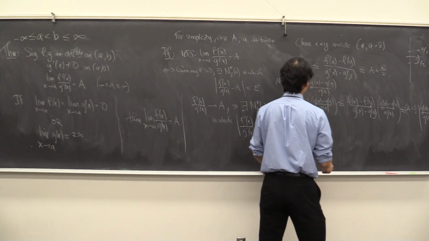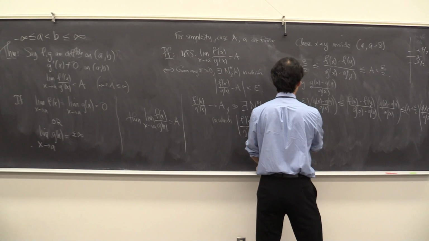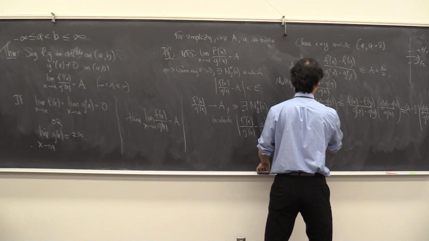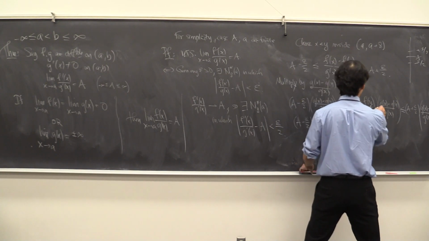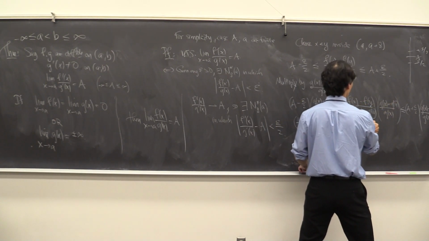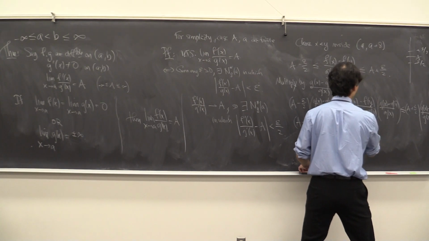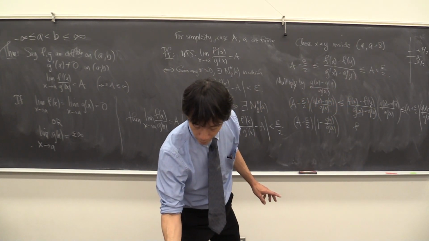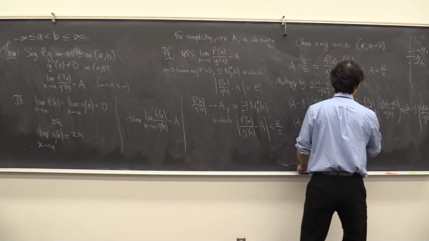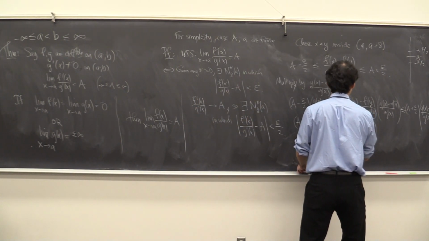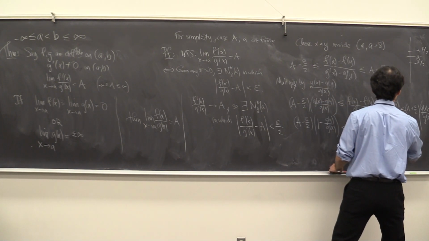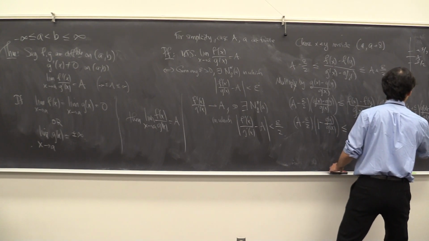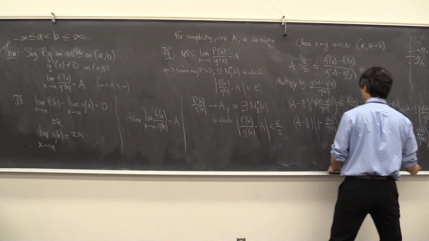Let me rewrite this. This is A minus epsilon over 2, 1 minus g of y over g of x. Here, of course, these things cancel, and I get f of x minus f of y over g of x, times 1 minus g of y over g of x.